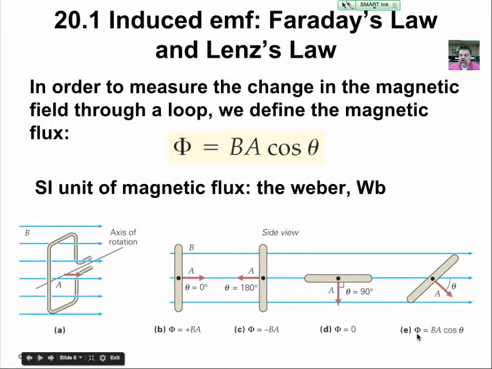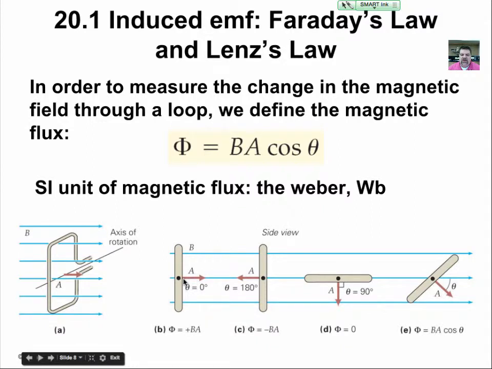And so the overall equation is going to be the magnetic flux phi is equal to the strength of the magnetic field times the cross-sectional area of the loop, times cosine of the angle theta. And theta is the angle from the magnetic field.